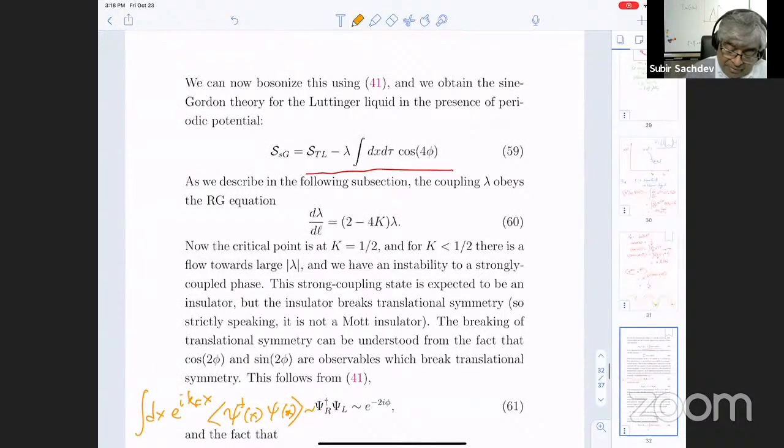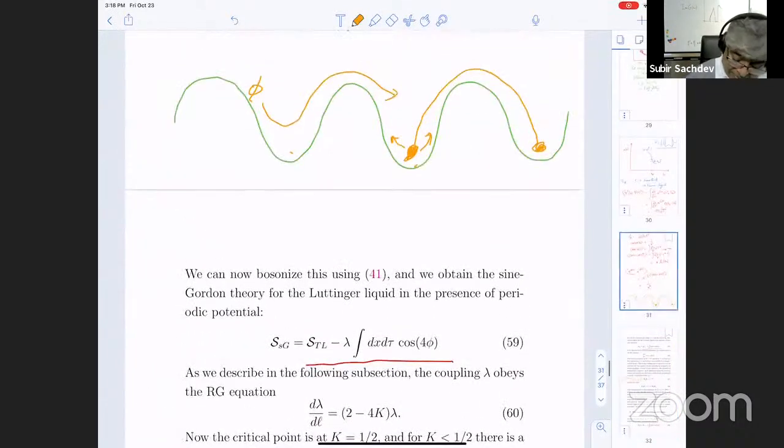So this means that, assuming lambda is positive, one minimum will be at, say, 0. The next minimum will be when 4 phi equals 2 pi, which is phi equals pi over 2. And the next minimum would be pi, and so on.